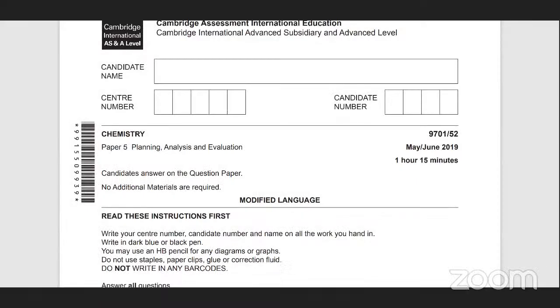Just a second. So this one we were at 28, question 28.